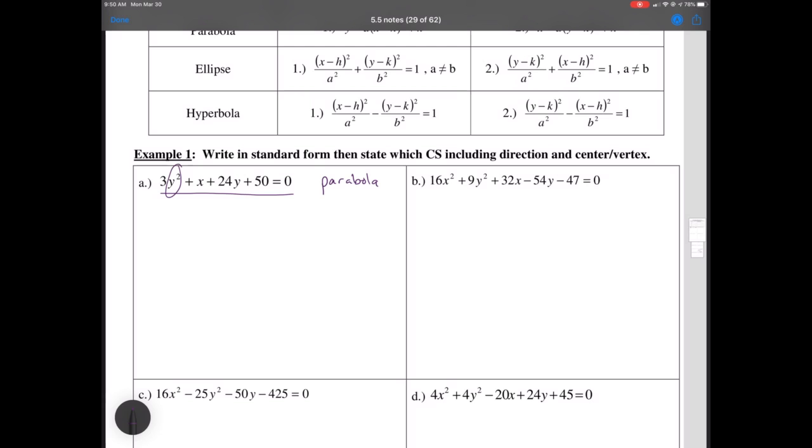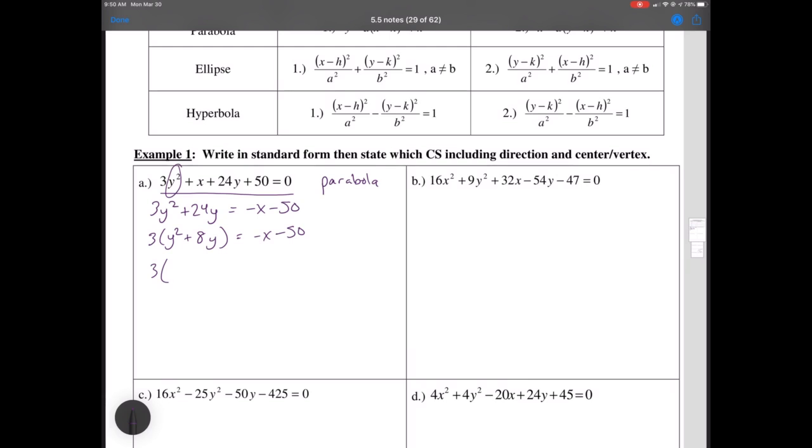So we're going to group everything together, group our y's together, and move everything else over to the other side. So now we'll factor out this 3. And we'll perform our completing the square portion.